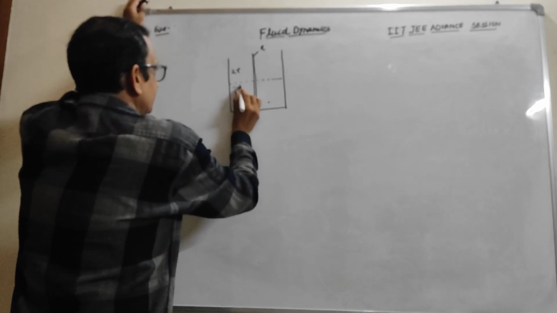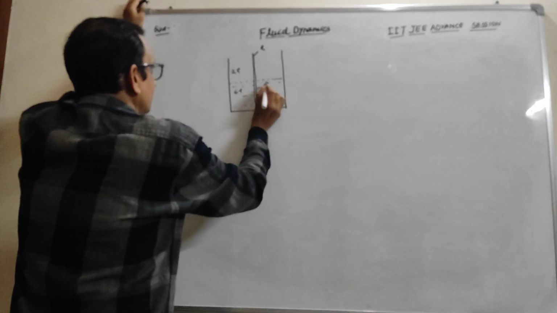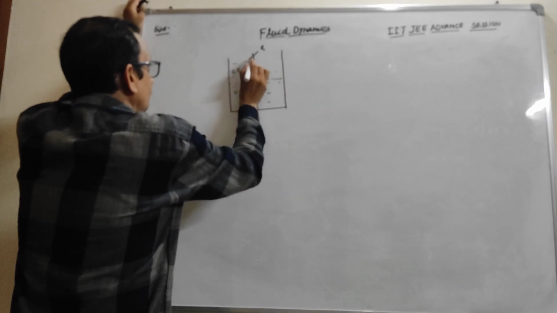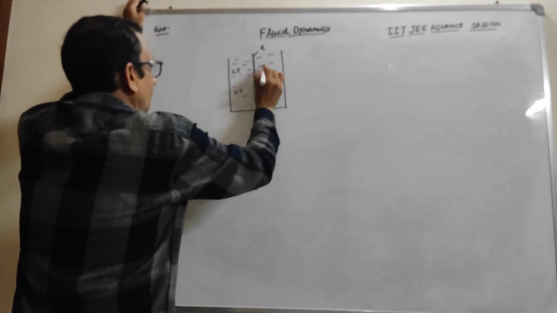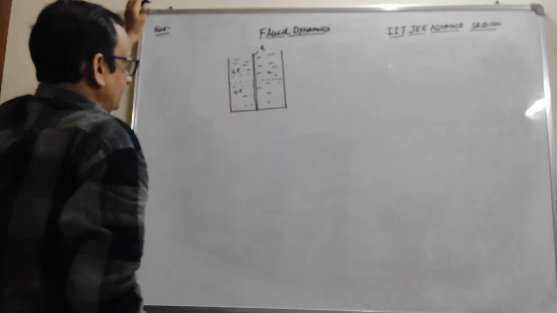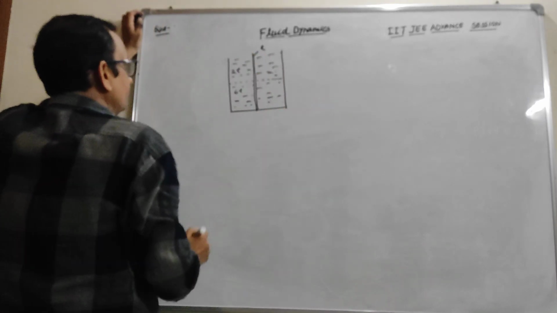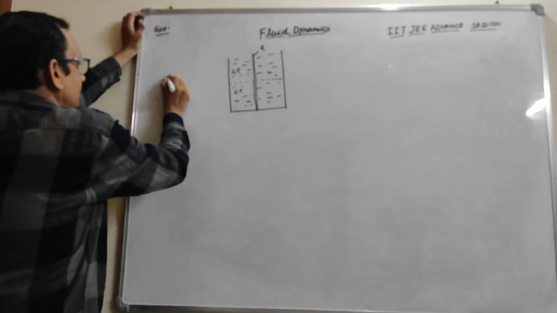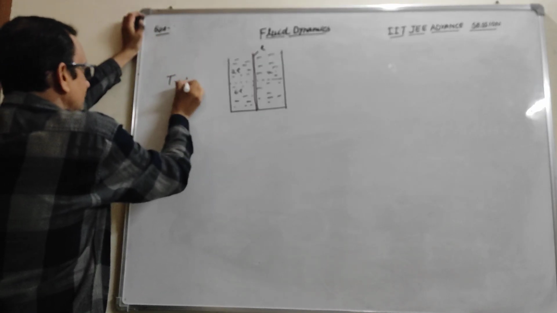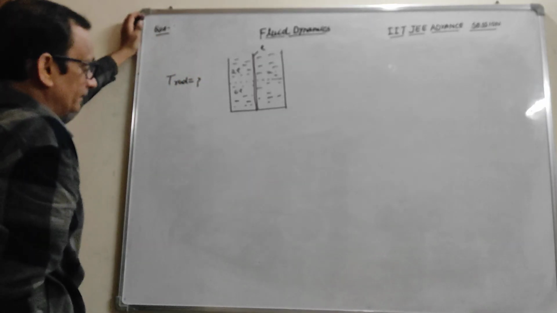These are the two liquid surfaces, and both liquids have different densities. So here we have to calculate the time period of the rod.